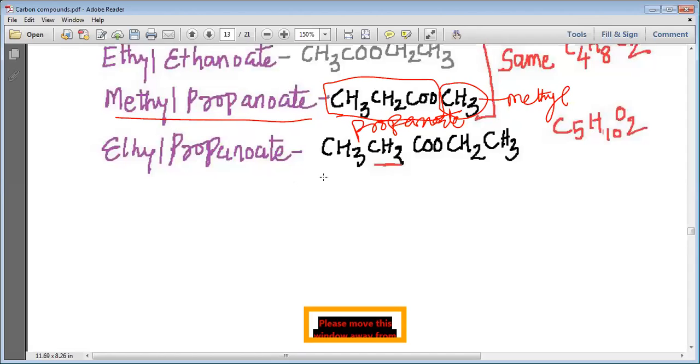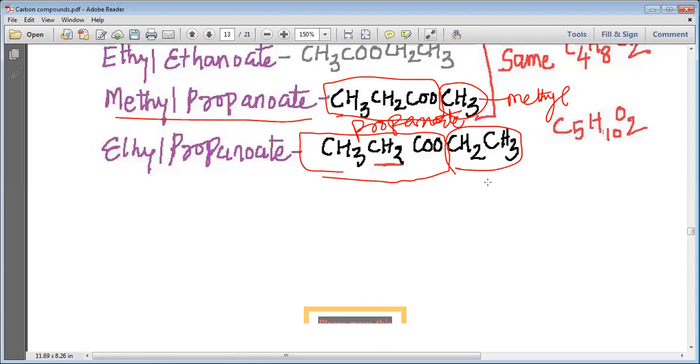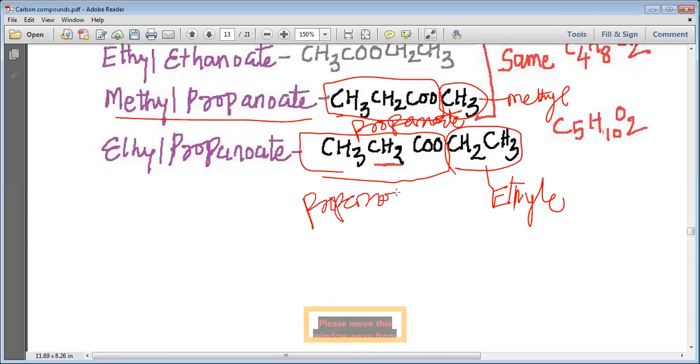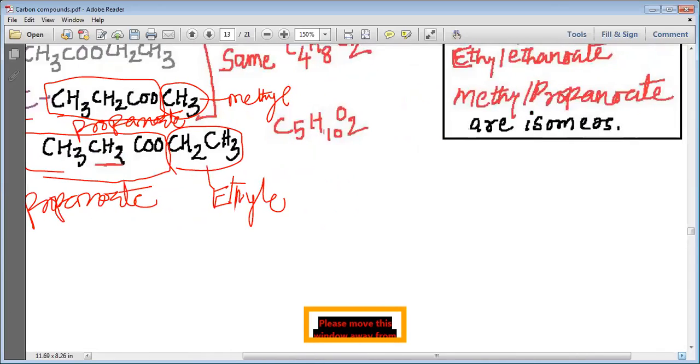Same way, if you look at this, you have 3 carbon and 2 carbon. This is what we call ethyl, and this portion is known as propanoate. And this is how we can write ethyl propanoate even. So this is how, my dear students, we study the various esters.